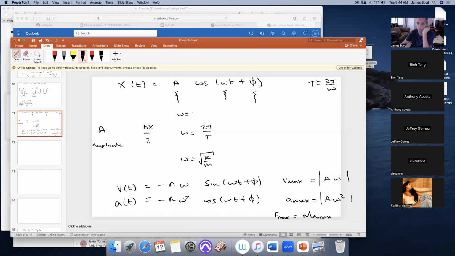Or if you're given a frequency in hertz, omega is 2 pi times the frequency. Depending on what you're given, you'll find omega there. And then finally, phi.